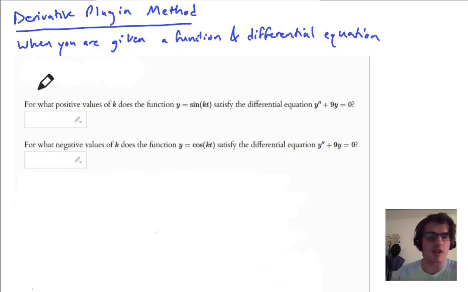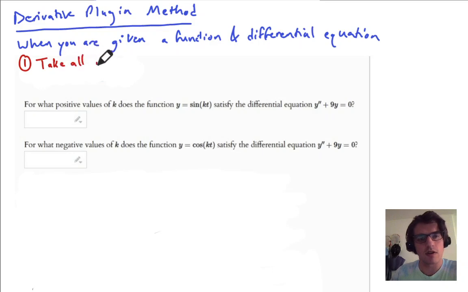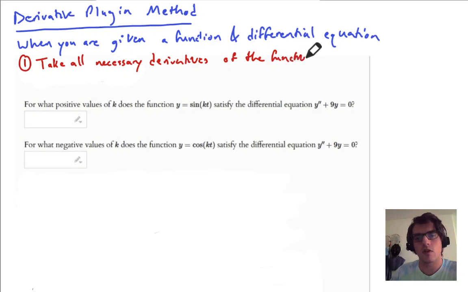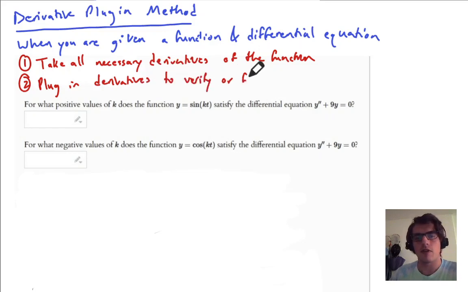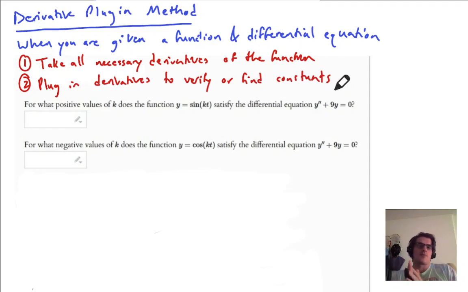So our steps here are: take all necessary derivatives of the function, then plug in derivatives to verify or find constants.